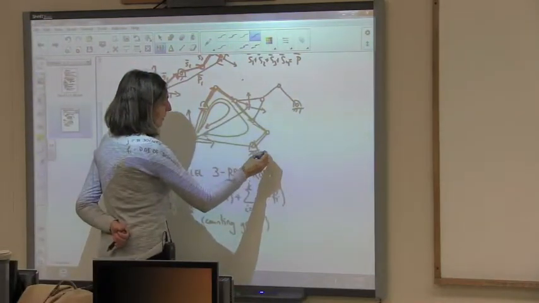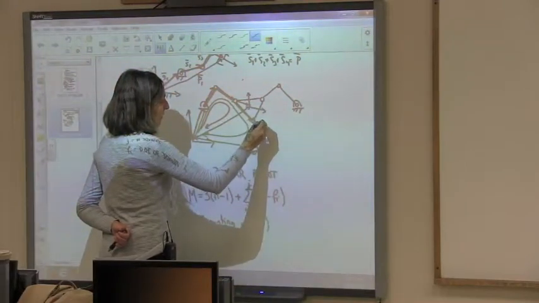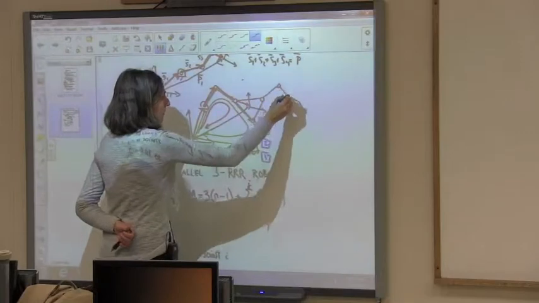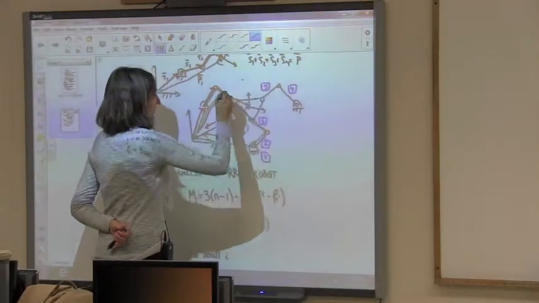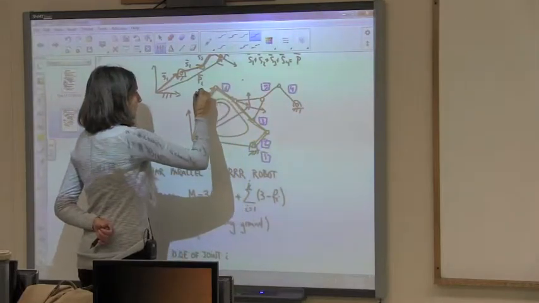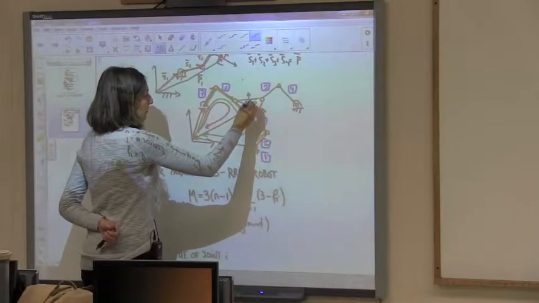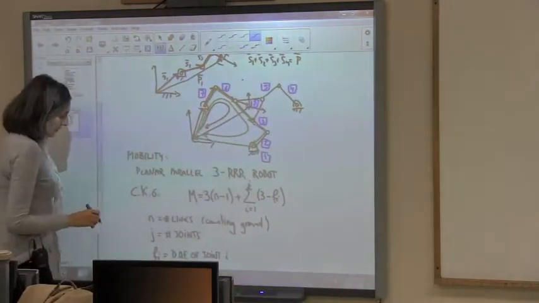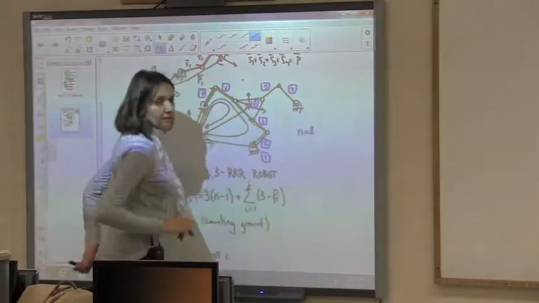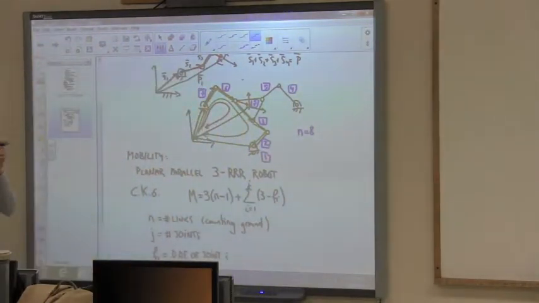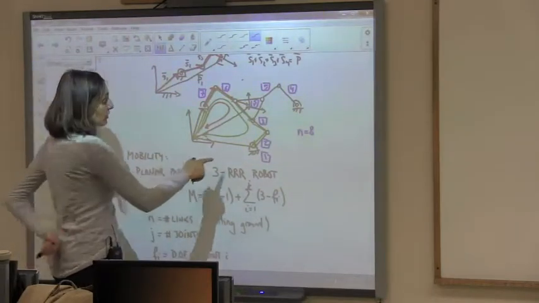The ground is 1, then this leg has this link here, 2, this link here, 3, 4, 5, 6, 7, ground is all the same, and then 8 is the platform. This is what we call the platform. So in this case n equals 8 different links, and the links are the parts that will have relative motion. And now let's count the joints, and they are all revolute.